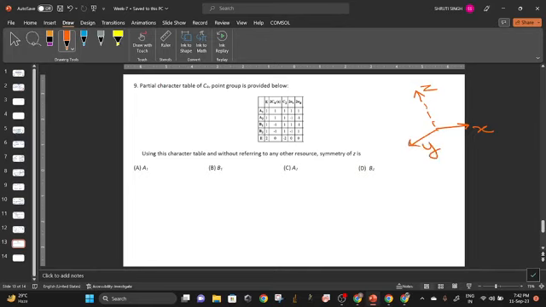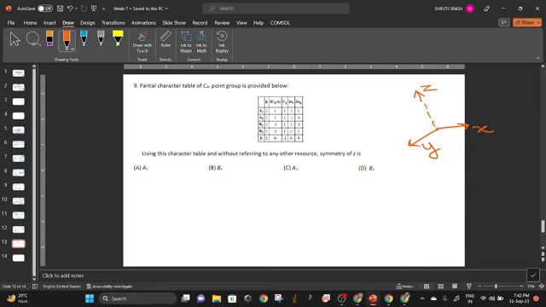If this is the basis, then what will be the symmetry of Z? Means when we apply these operations, how will Z behave? Will it be changing symmetrically or anti-symmetrically, or what else?